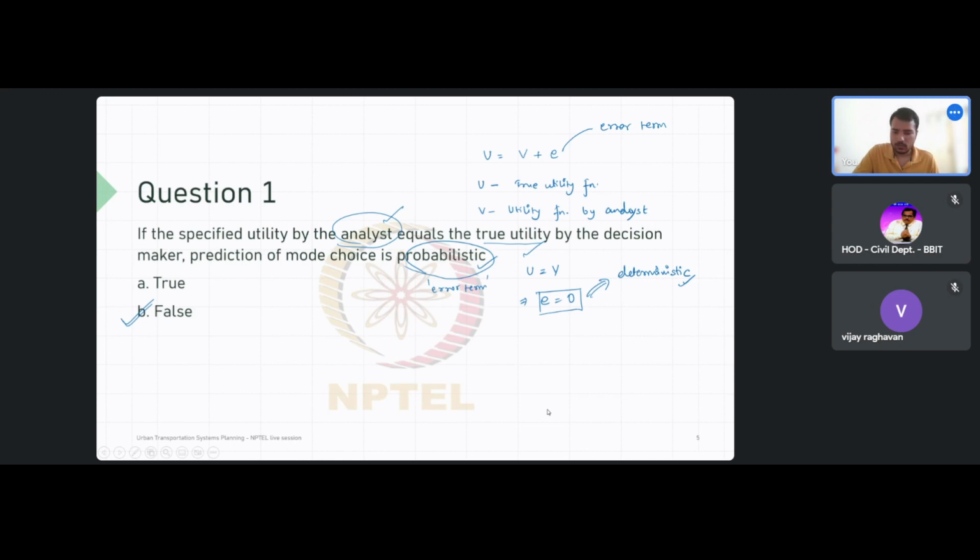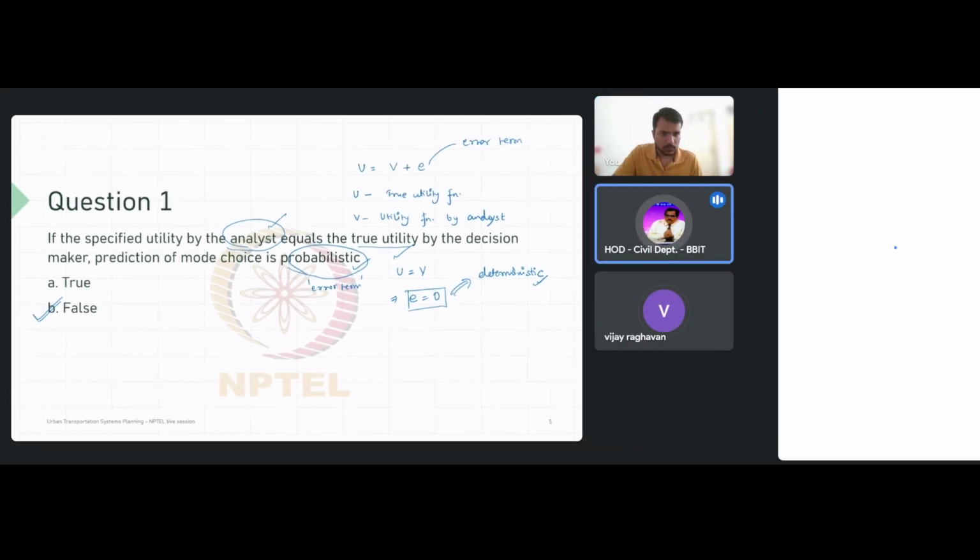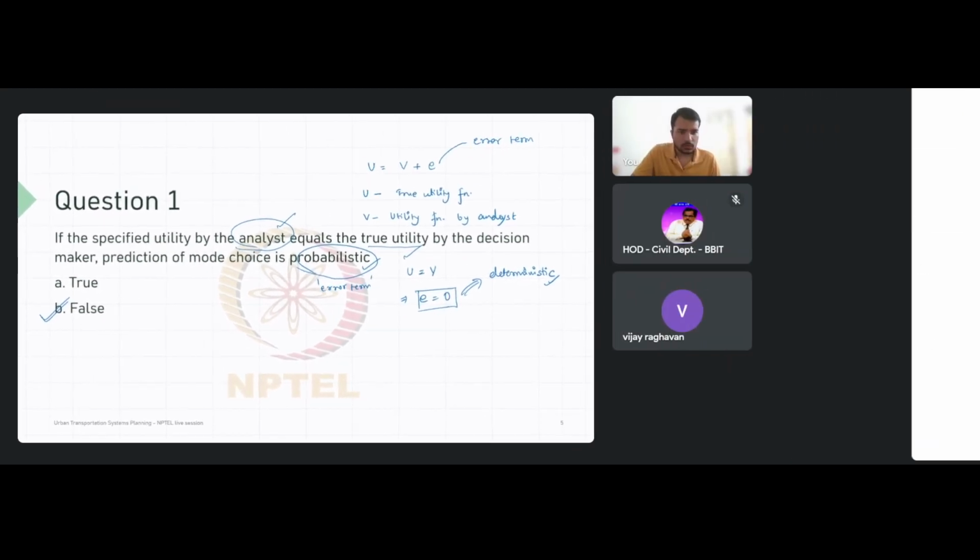Is it better now? Yes, now it is better.